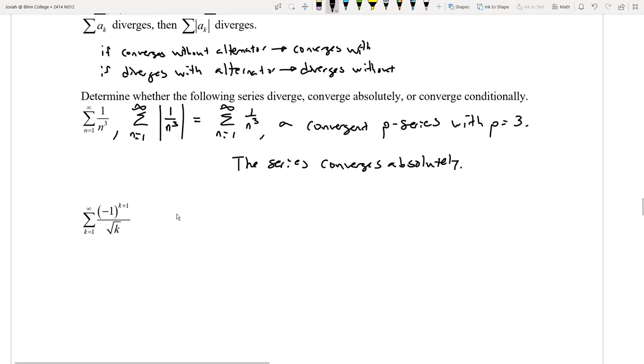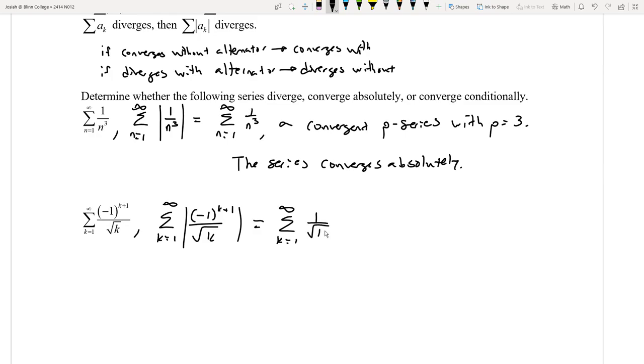All right, so what about this example? Again, the first step is to apply an absolute value. It gets rid of our alternator. So the sum from k equals 1 to infinity of 1 over root k. That's the same as 1 over k to the 1/2.